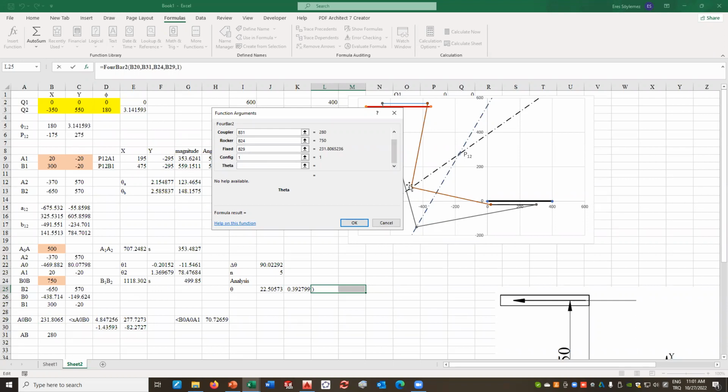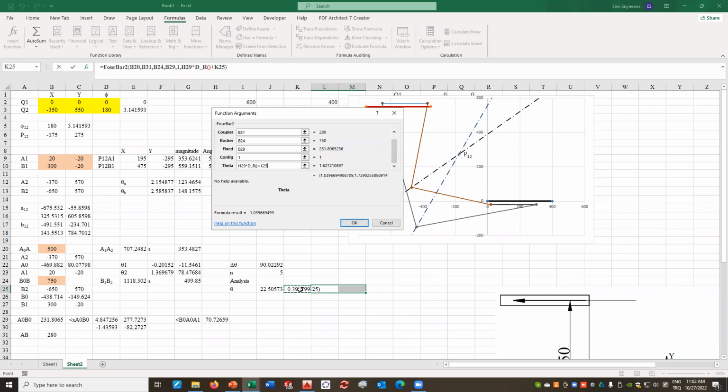I have to measure the angle theta from A0, B0. Since I have all these in radians, this angle that A0, B0 makes with respect to the horizontal, plus the crank angle times dr, open close parentheses, plus this angle in radians.